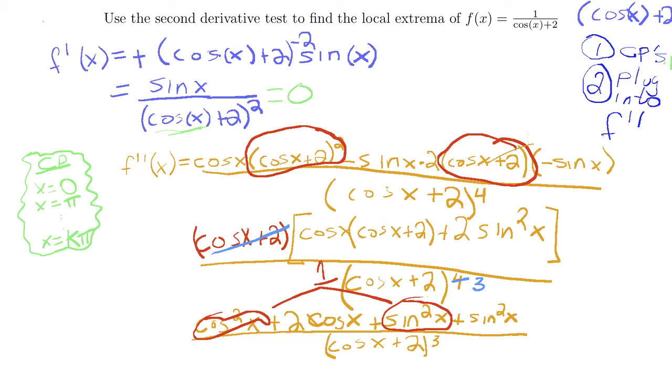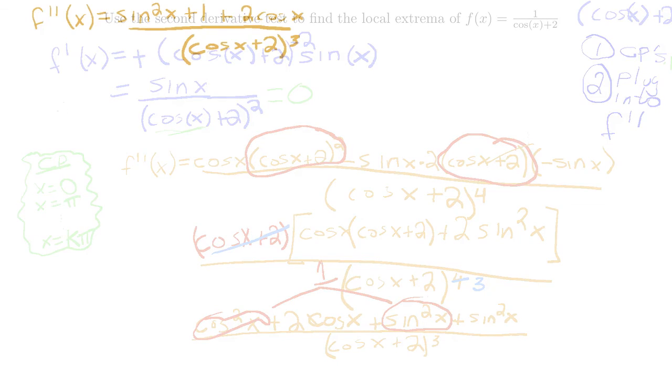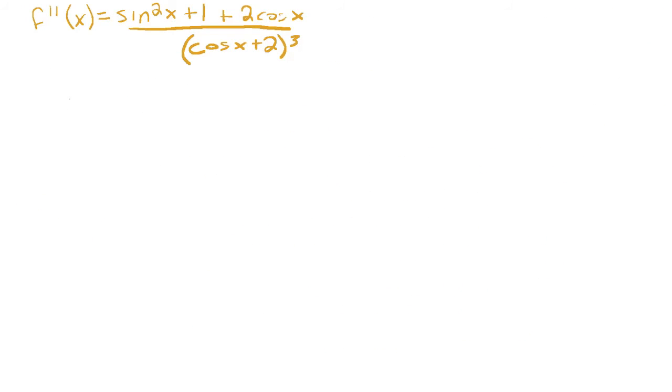Okay, so now let's rewrite this. I need to get a new sheet. So now what I want to do is, now that I have my second derivative here, I want to plug in my critical points, which were 0 and pi and 2 pi, into this guy, the second derivative.